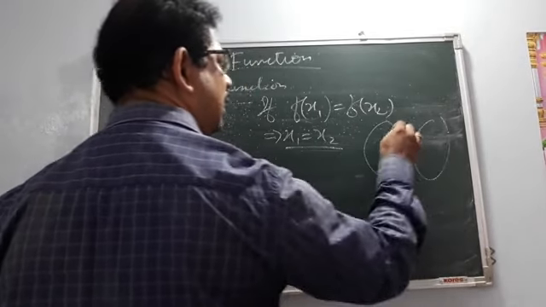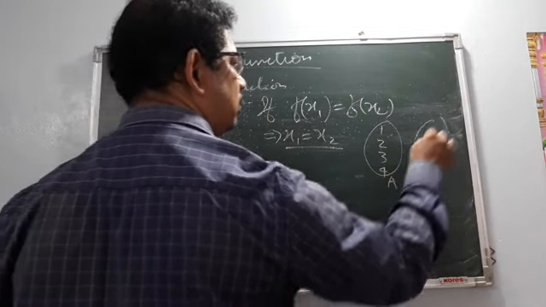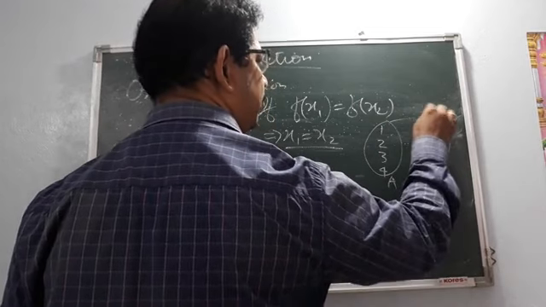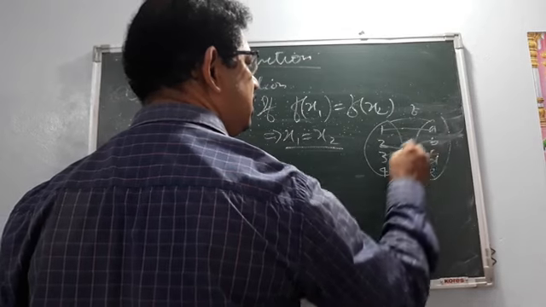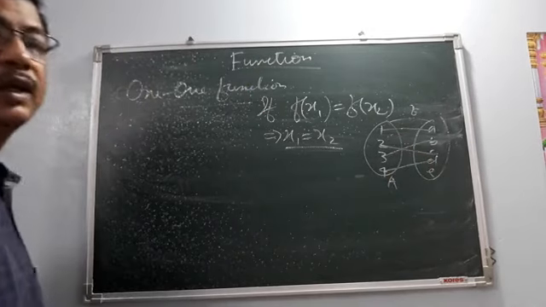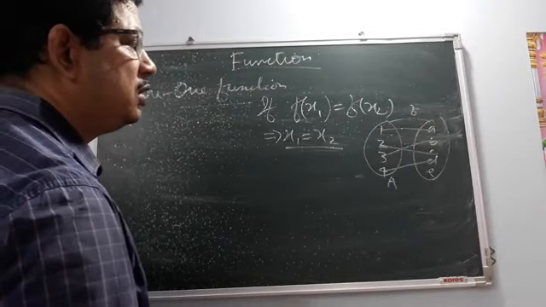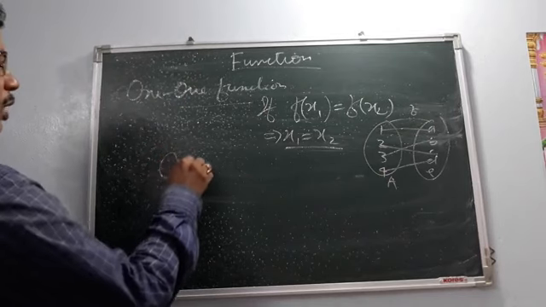Suppose here it is set A: 1, 2, 3, 4, and B: A, B, C, D, E. Suppose 1 is connected with A, 2 with C, 3 with B, 4 with D. Here you see that two elements are not merged into a single element, so it is one-one.